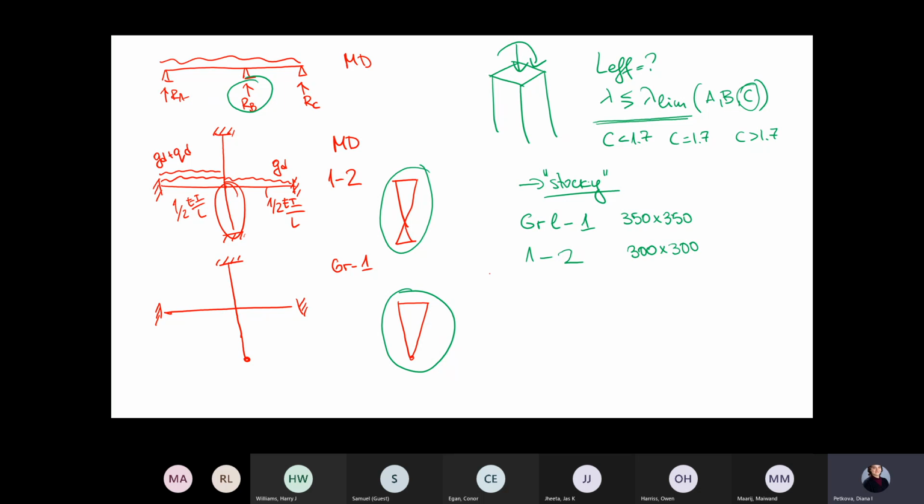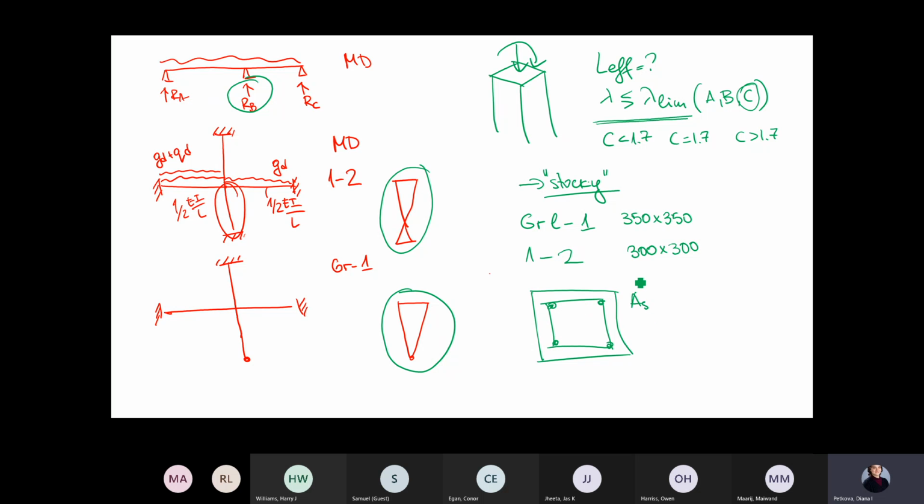All right, so I again highly recommend choosing sections which will give you a stocky column. After you've designed your column, really we are looking at a column with at least 4 bars, 1 bar in each corner.